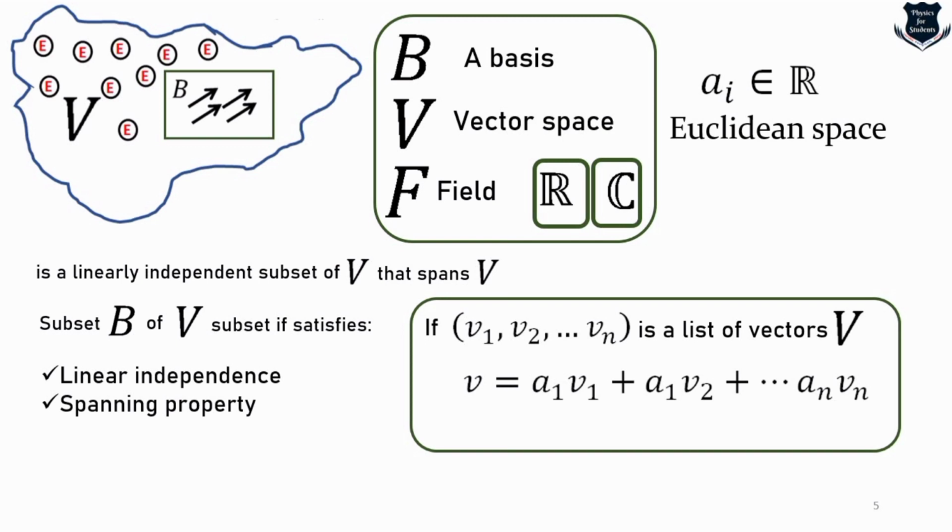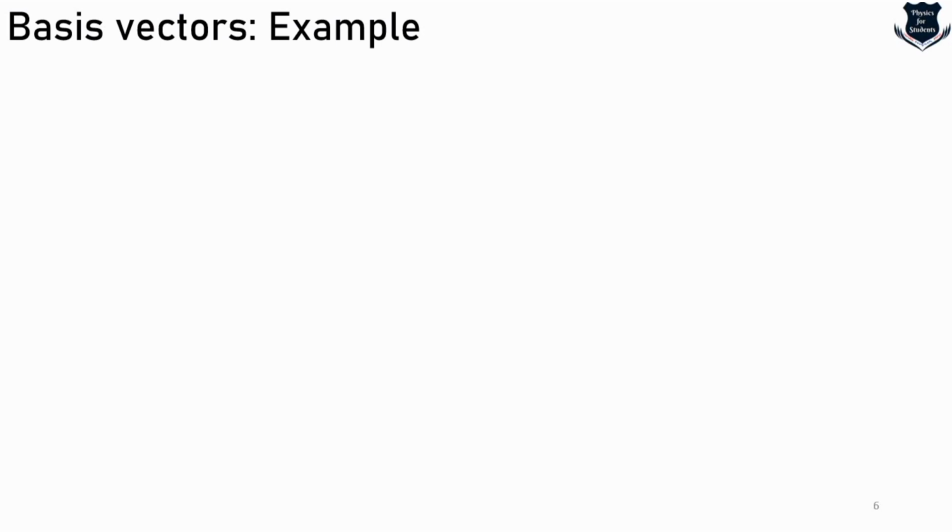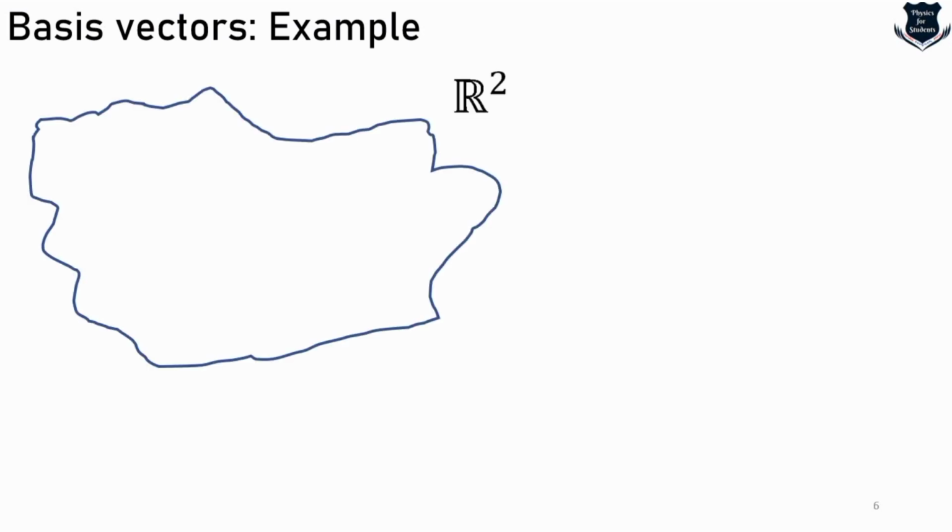Now if v1, v2, up to vn is a list of vectors in V, then these vectors form a basis if and only if every small v in V can be uniquely written as a1v1 plus up to anvn, where these a1 up to an are called the elements of the base field. So this is what a vector space is and what a basis is.